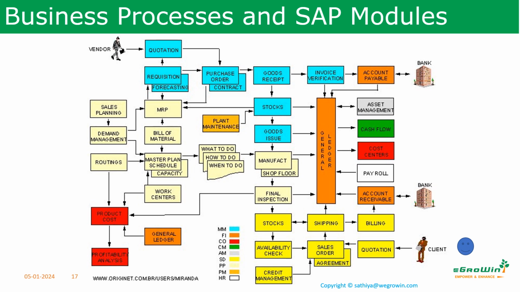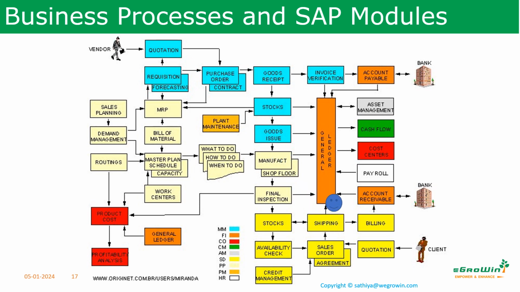After discussing how SAP evolved, now let us see how the SAP modules are covering various business processes in a typical business. Here, there is a quotation received from a customer. It is passed as a sales order, and then it goes for a planning process. Based on the planning, materials are purchased.